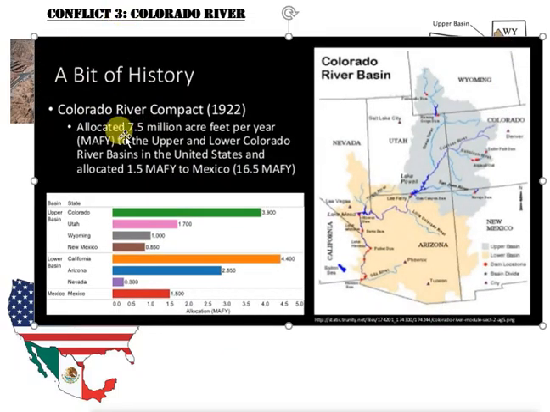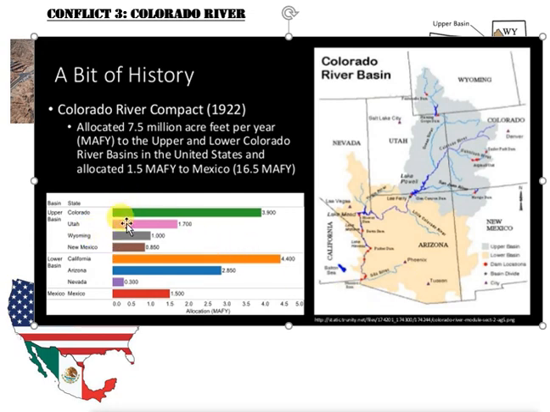So, in 1922, the Colorado River Compact was designed and agreed on, where the upper basin states, if you look at these 3 states of Wyoming, Colorado, and Utah, had to share the water supply with the lower basin states of Nevada, Arizona, and California. And then eventually the Colorado River flowed into Mexico and the Gulf of California.